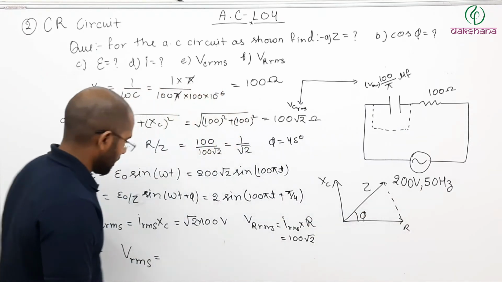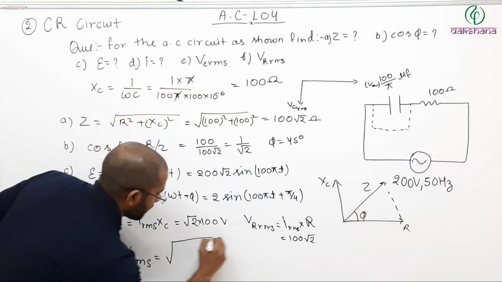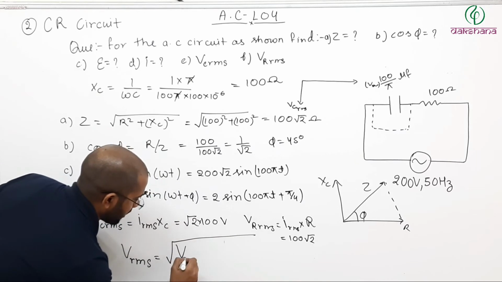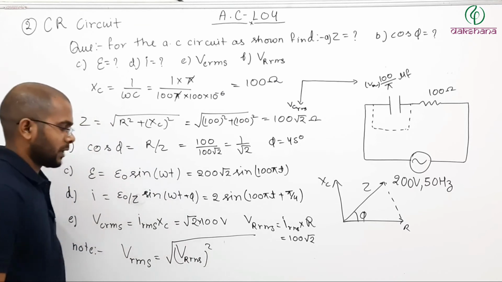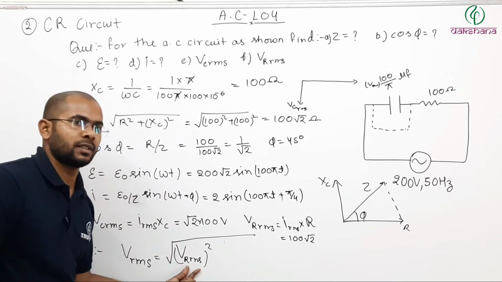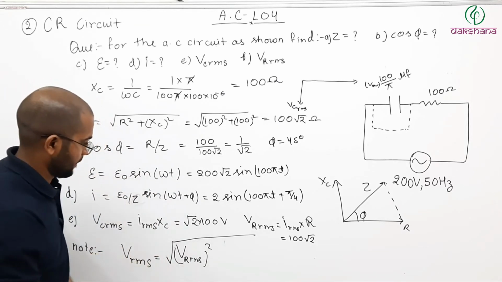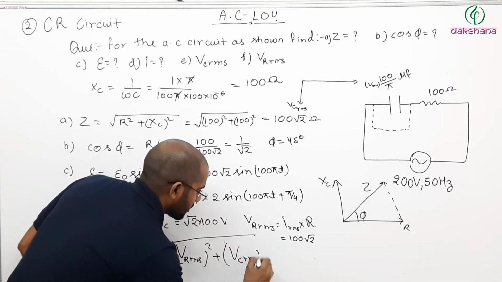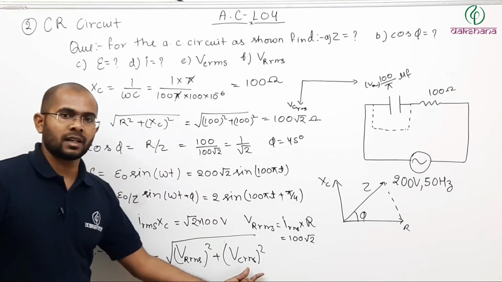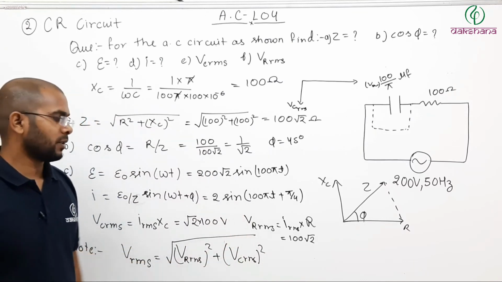VRMS of the circuit should be equal to the square root of VR RMS squared, the RMS voltage across the resistor, plus VC RMS squared, the RMS voltage across your capacitor.